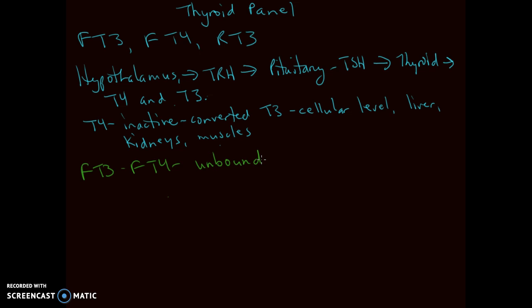But they are not usable as long as they are bound to these carriers, which are protein molecules called globulins. So what we are really concerned with is how much unbound free T3 and T4 we have, because it is in the unbound state that they can be made usable for the body.